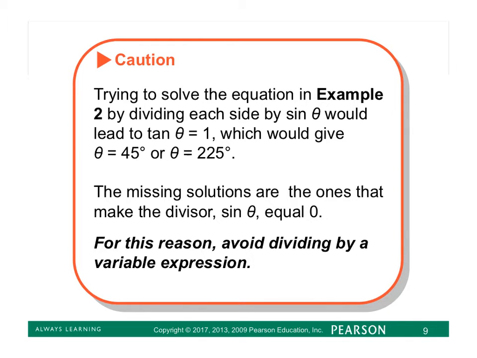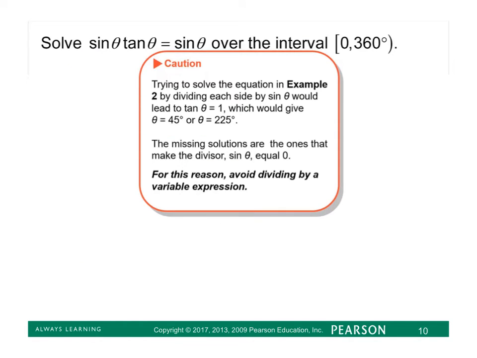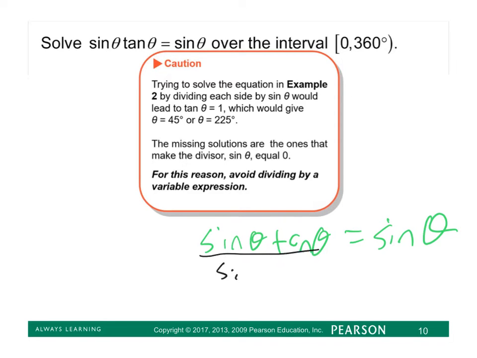Now, here's the caution that I was going to talk to you about. Trying to solve the equation in example 2 by dividing each side by sine of theta would lead to tangent of theta is 1, which we would get those two answers. What's wrong with that? Always the fear when you divide both sides. If I take sine of theta times tangent of theta equals sine of theta, and you didn't listen to what I told you about getting everything on one side and said, oh, I can just divide everything by sine of theta.